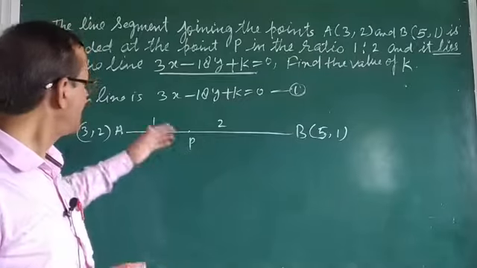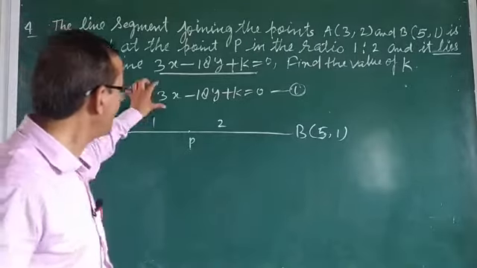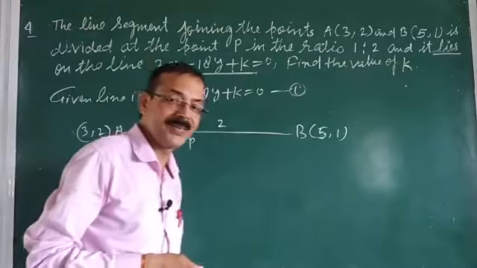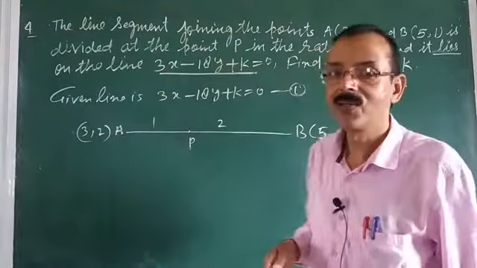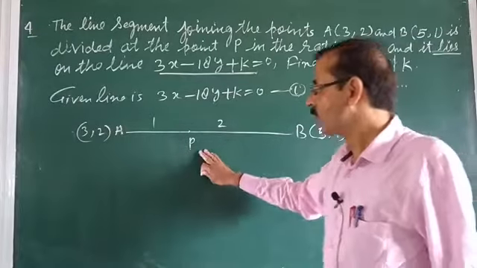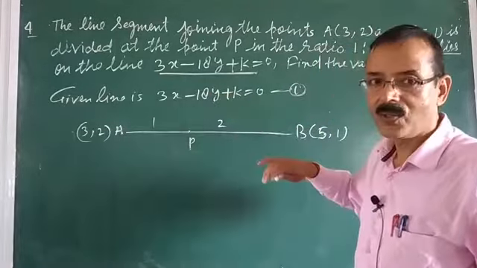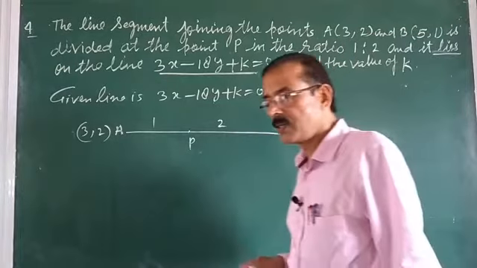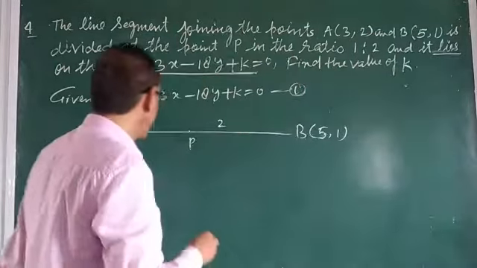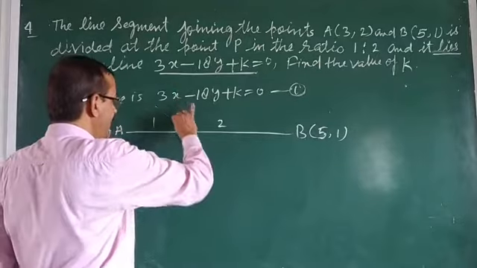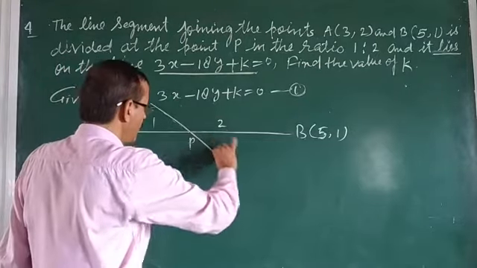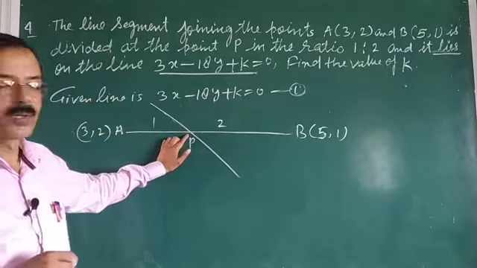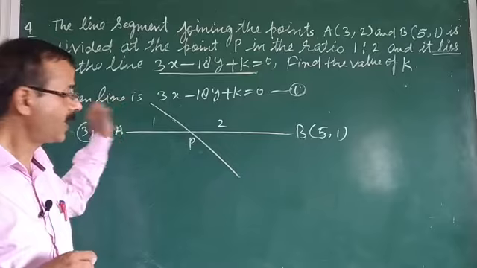But in the third part, it is also said that this P lies on this other line as well. So it becomes a very difficult question to understand how this P will lie on that line also. It may be that if these lines are intersecting, meaning passing from the same point, then P lies on this line and this line both.